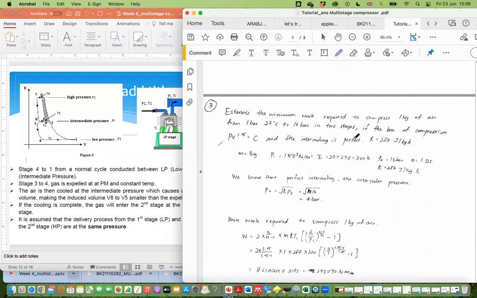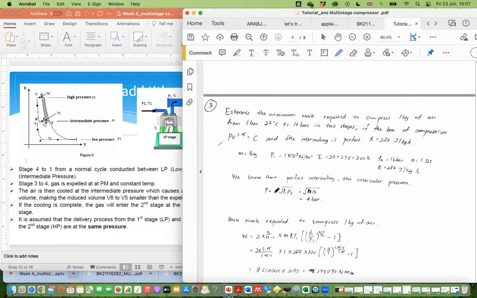Perfect means there are no changes in temperature between T2 and T3. It's given that the mass is 1 kilo, the pressure, the temperature, and the P3, the intermediate pressure. We know that for perfect intercooling, you can find the intercooler pressure with this.